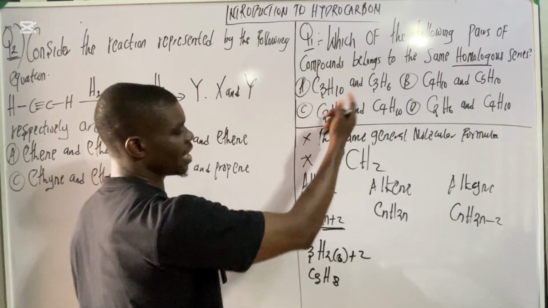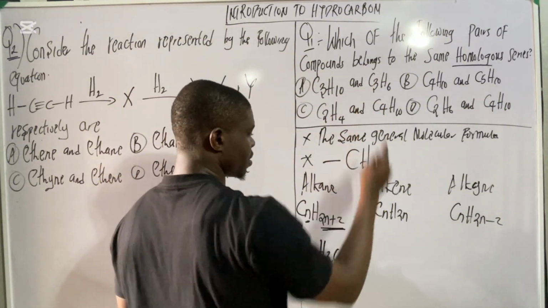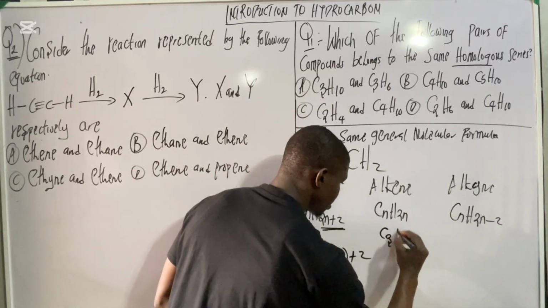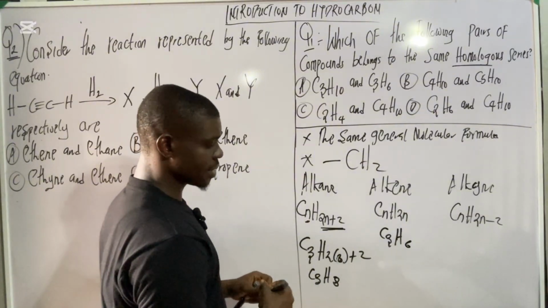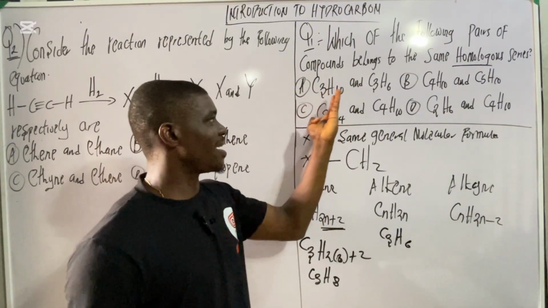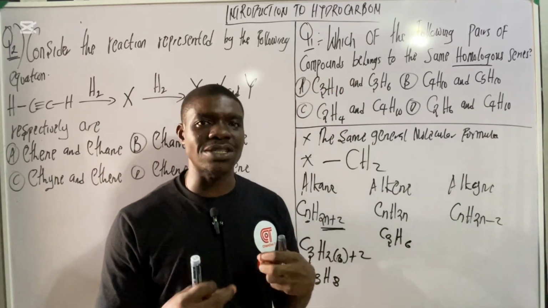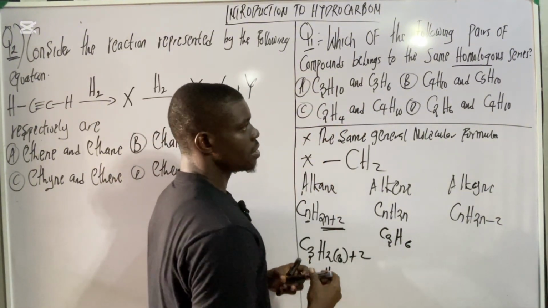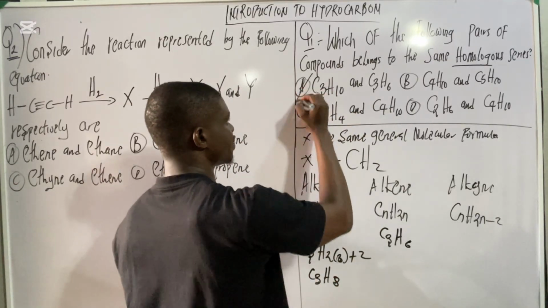But here we have C3H10, which does not really make sense. Plugging 3 into the other formula gives 2 times 3, which is 6. So these two cannot be in the same series. For two compounds to belong to the same series, they cannot have the same number of carbons. So this one is already out.